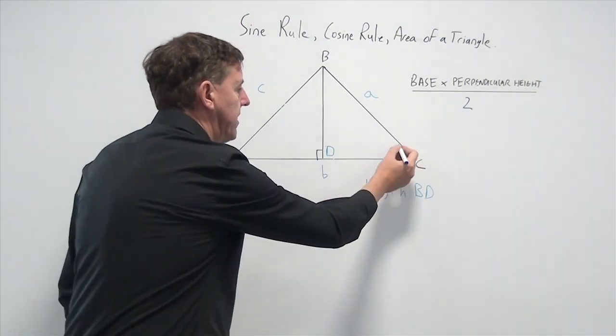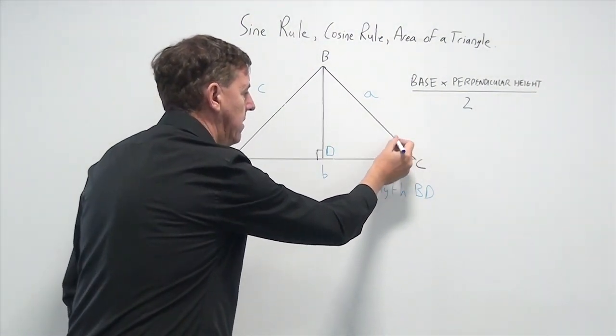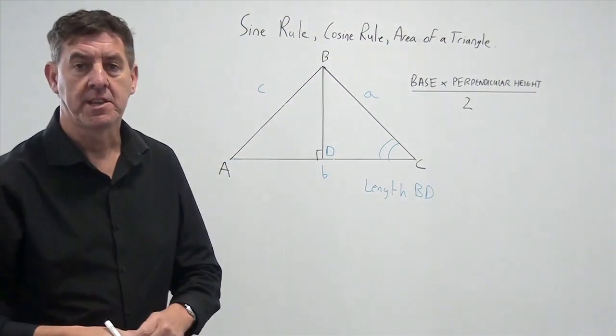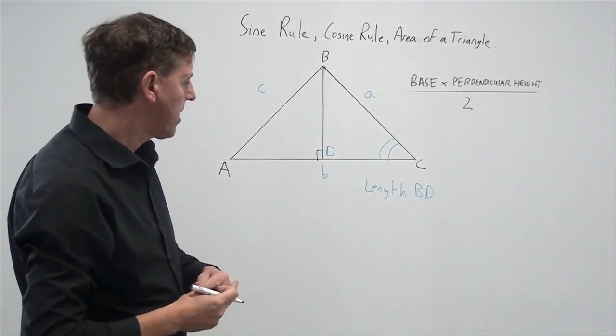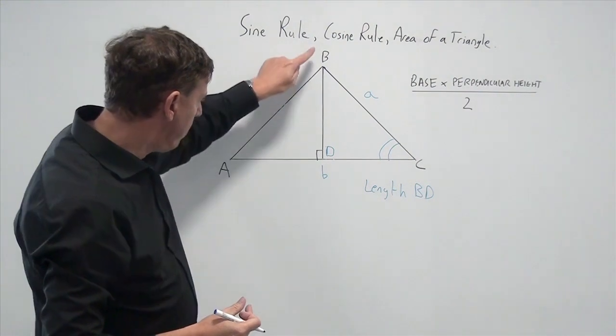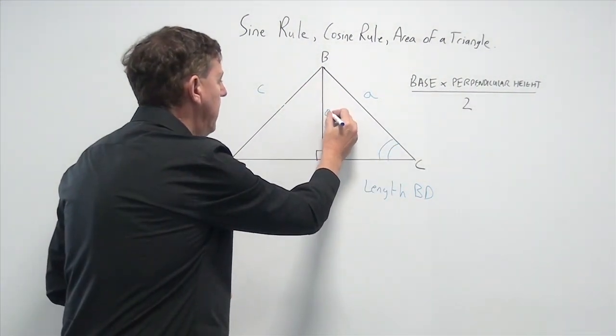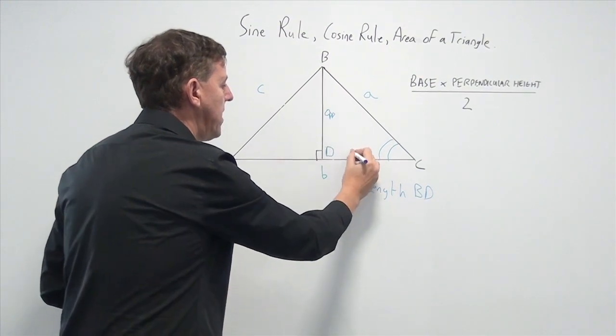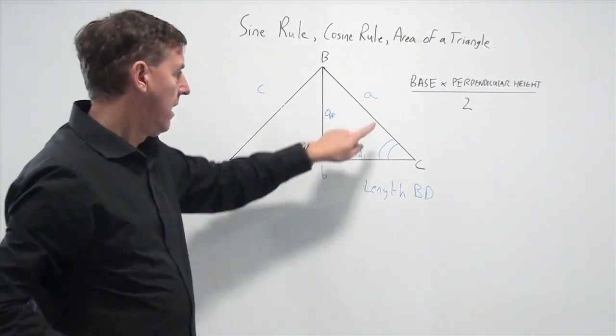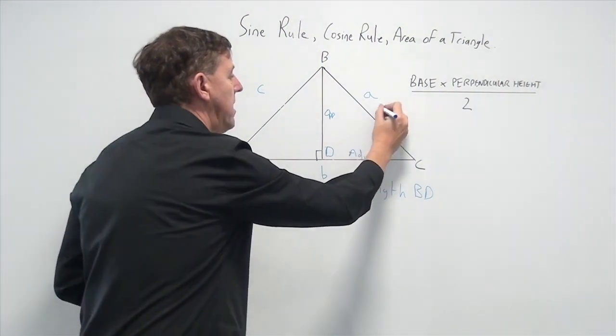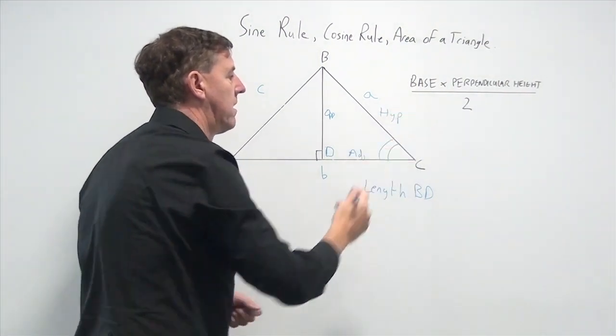And I'm going to look at this angle inside here, angle C. Now, from our work on trigonometry, we would label this right angled triangle. This would be the opposite side. This here would be the adjacent side. And this here would be the hypotenuse side.